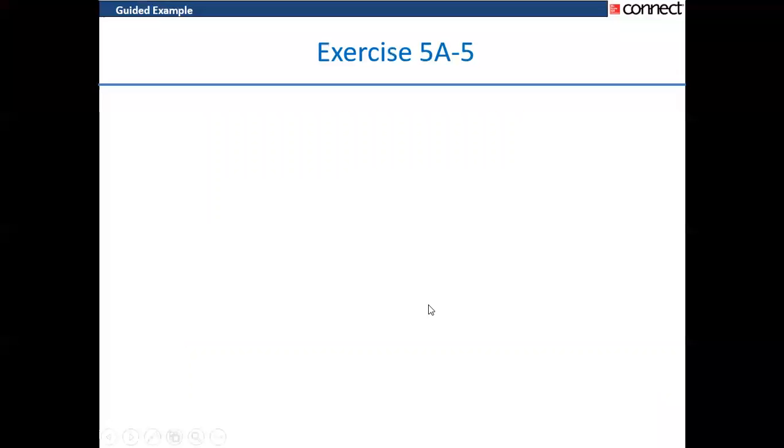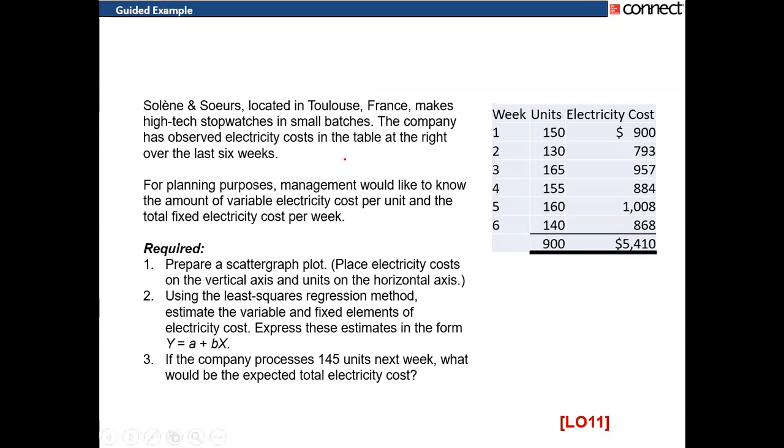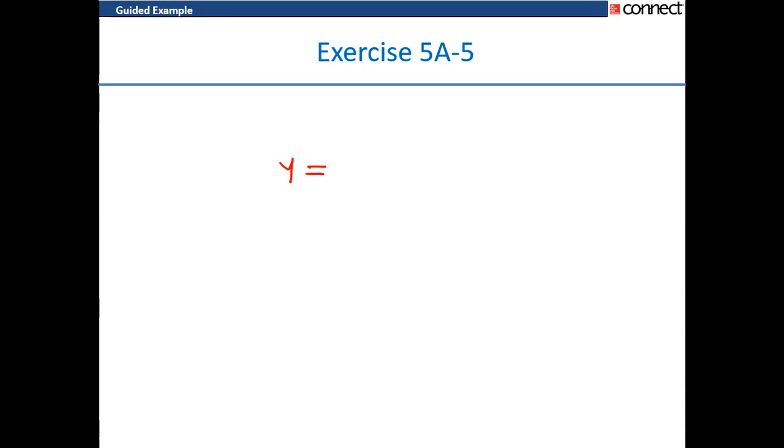We can write out the expected electricity cost, y is equal to, you have mentioned that the fixed cost is 140 something, okay, 140.20, plus the variable cost, or b, you have measured 5.08.